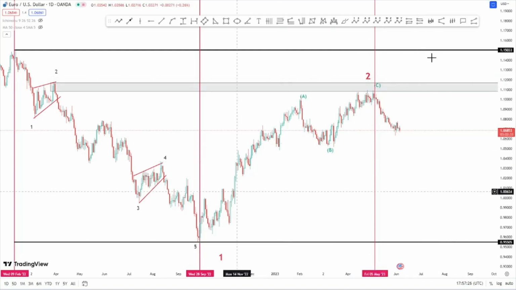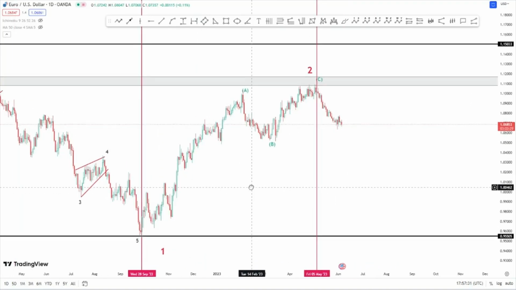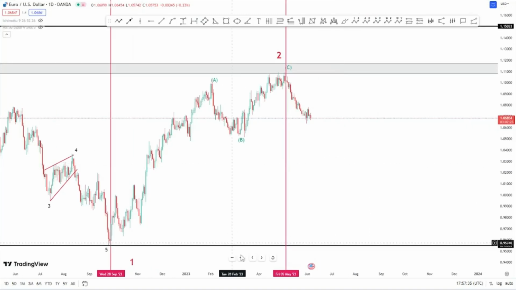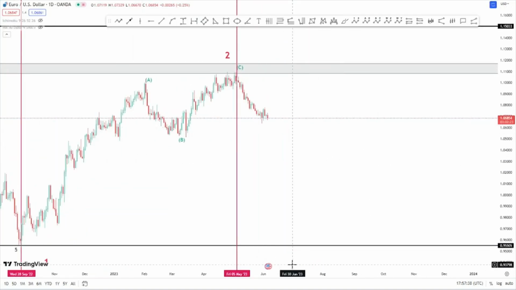So right now you are just falling like this, and remember, you need mono waves to continuously go lower and lower. You need just mono waves. So if this is your first impulse, you want to see your second impulse.